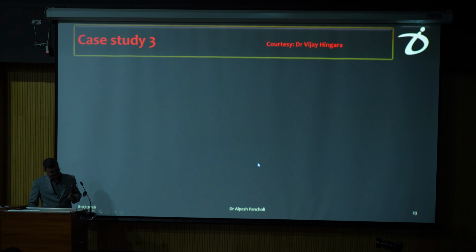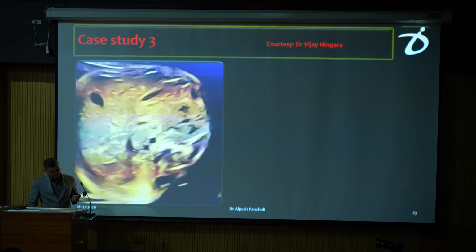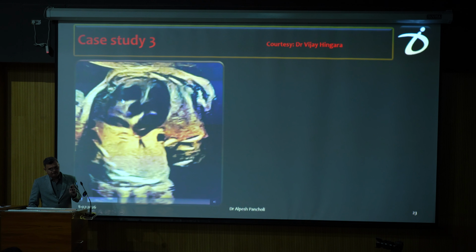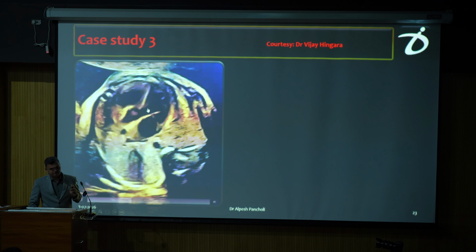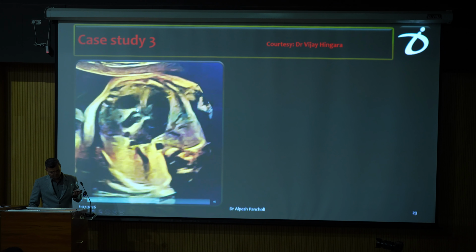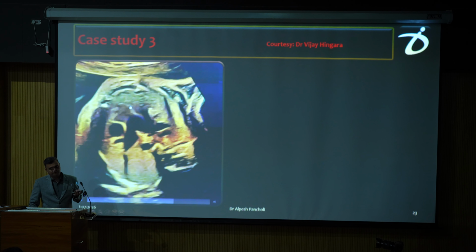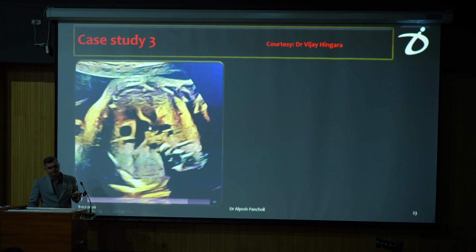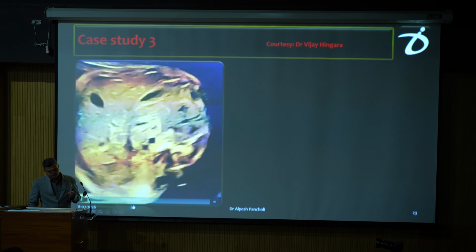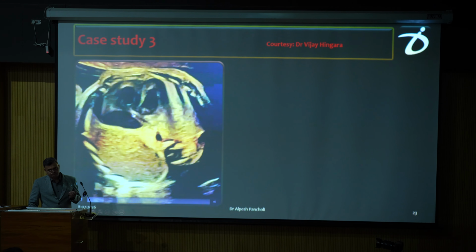Coming to case 3. So what are your findings? Left axis deviation, there is VSD overriding. Now we have a dilated pulmonary artery with dilated branch pulmonary arteries, and if you see, the pulmonary valve annulus is very narrow.